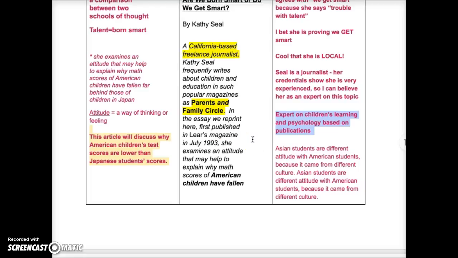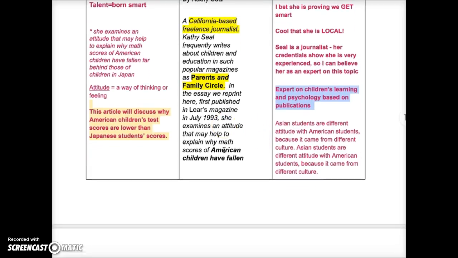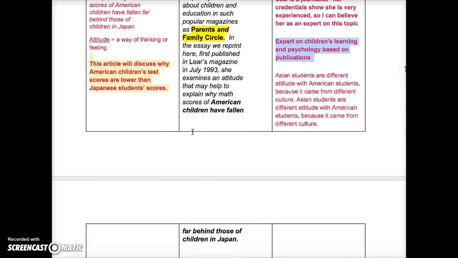She's an expert, right? And I kind of already know what she's going to argue. And then it talks here about what she's doing in the essay. This is a brief summary. So a lot of the times this will happen in research writing too, that they'll start with a little synopsis before they get into the writing.